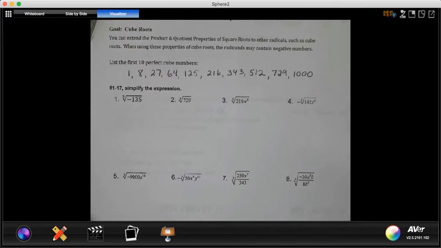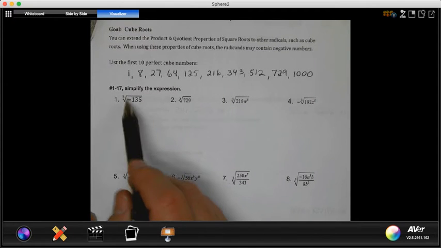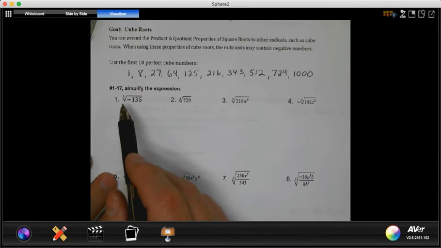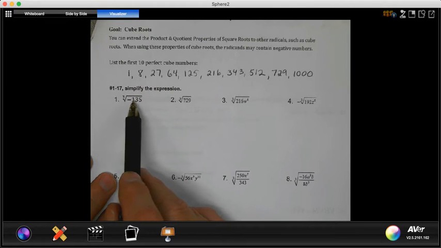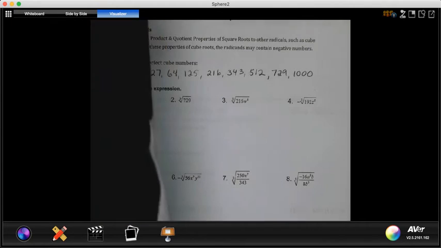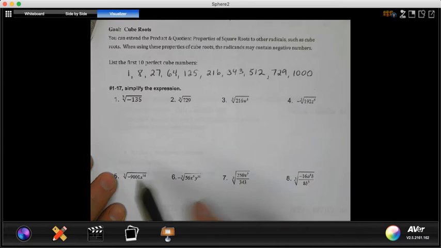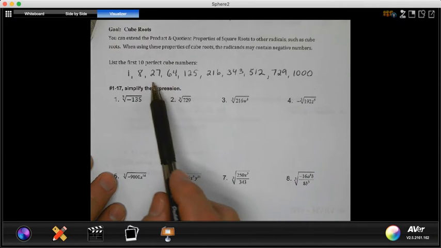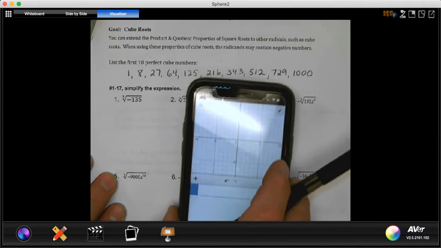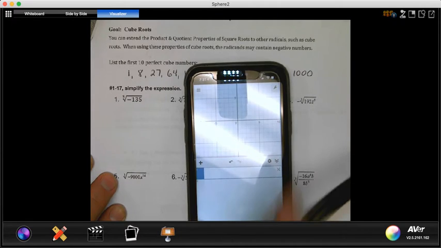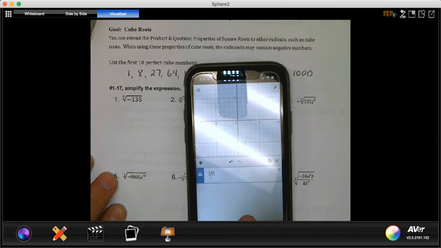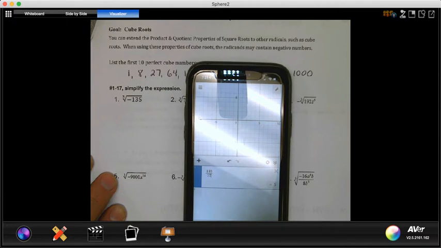To break down a cube root, you've got to split it apart. I would look at 135 and see if 27 would go into it. 135 divided by 27 is 5.